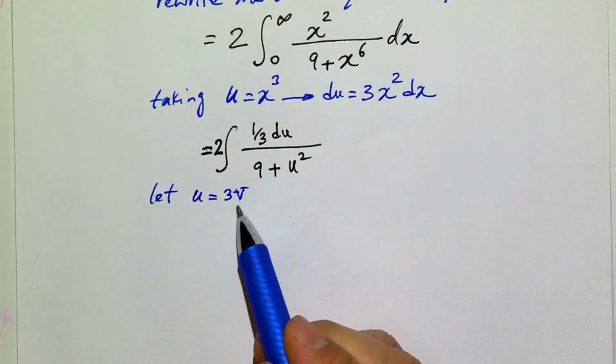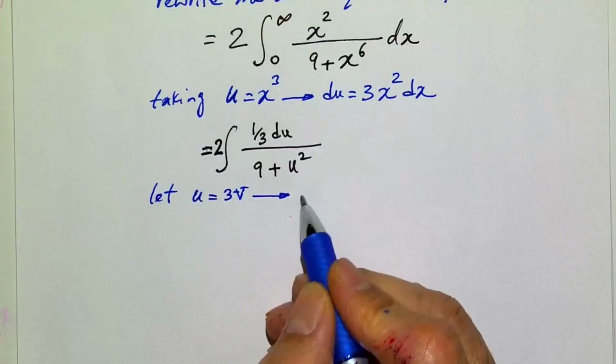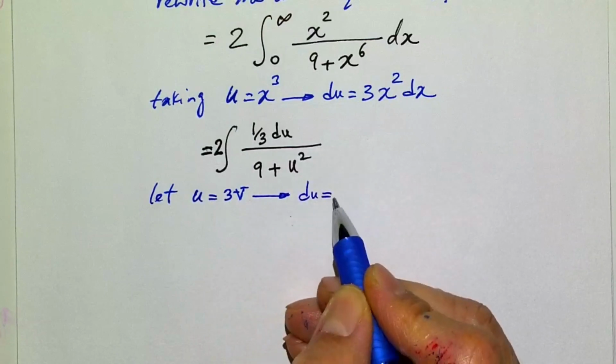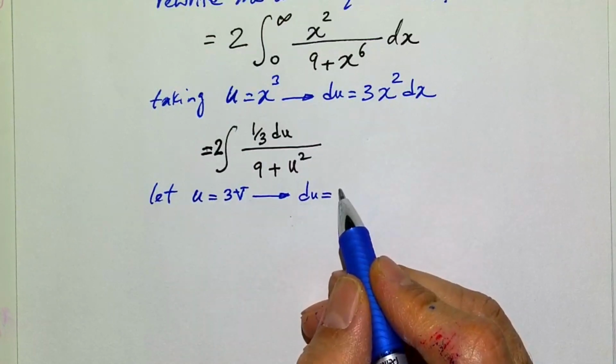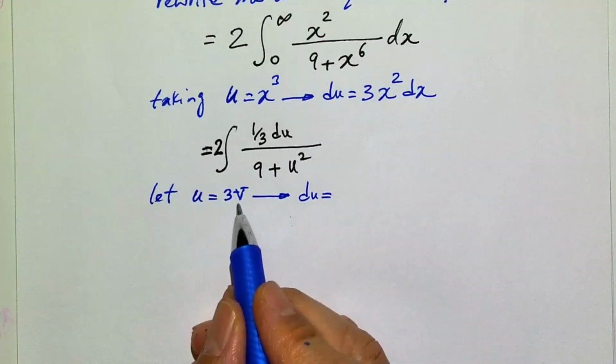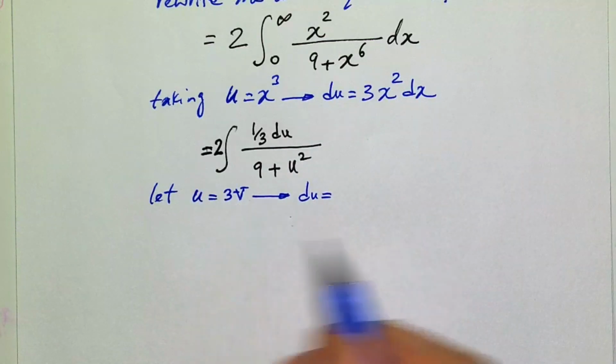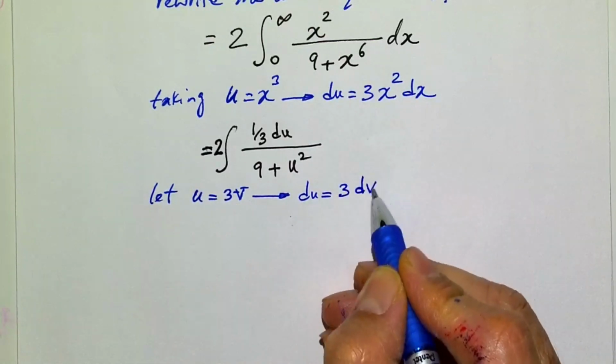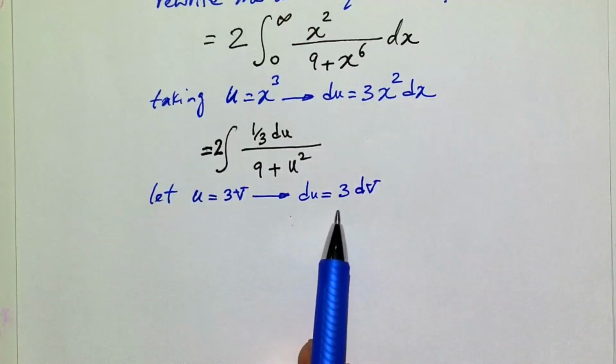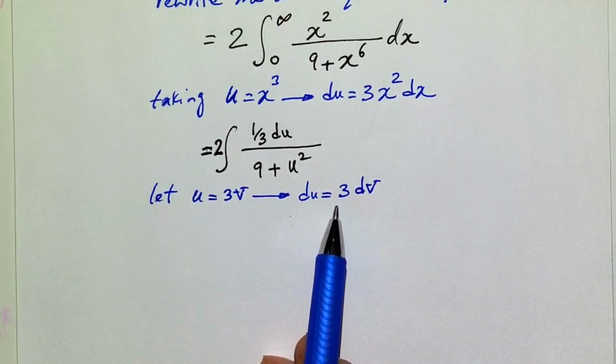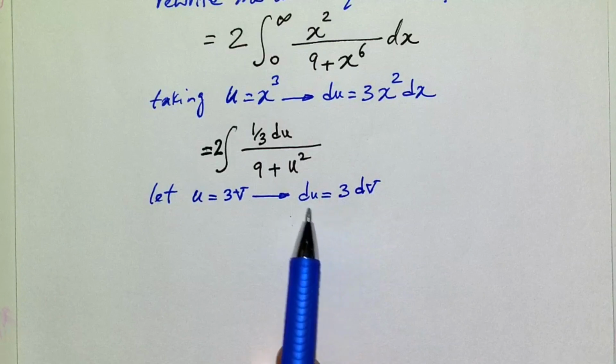So what would that give us? This will give us du equals 3 dv, right? So du equals that.